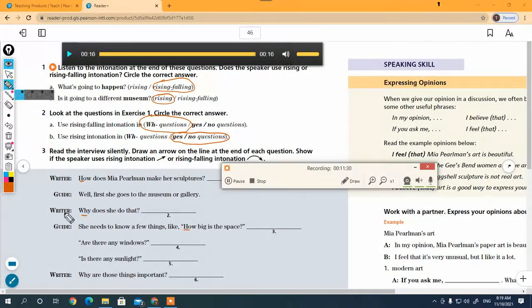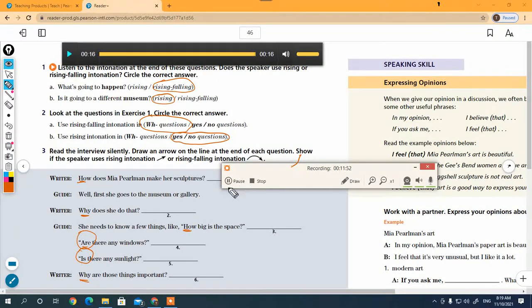Here is a yes or no question. See the to be verb? Here's a yes or no question. And here's another WH question. So I underline the WH questions and I circled the yes or no questions. Those are the to be verb.